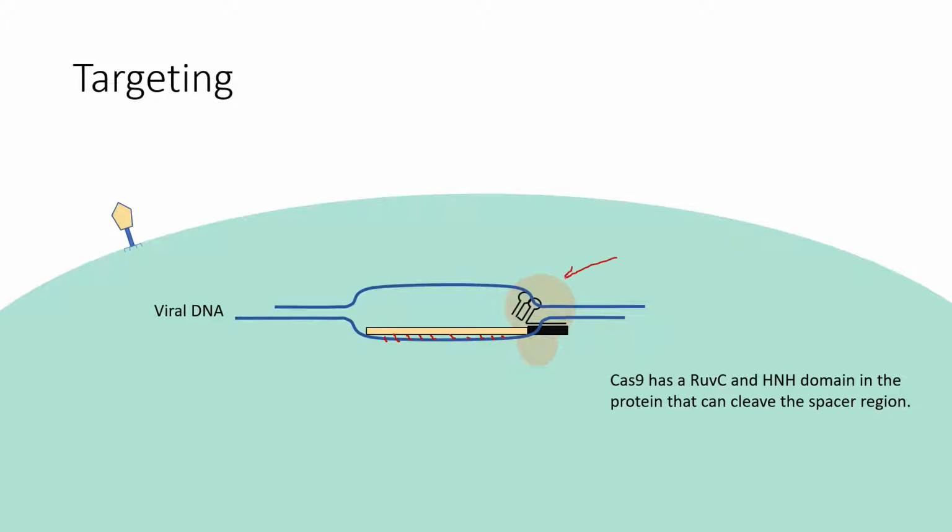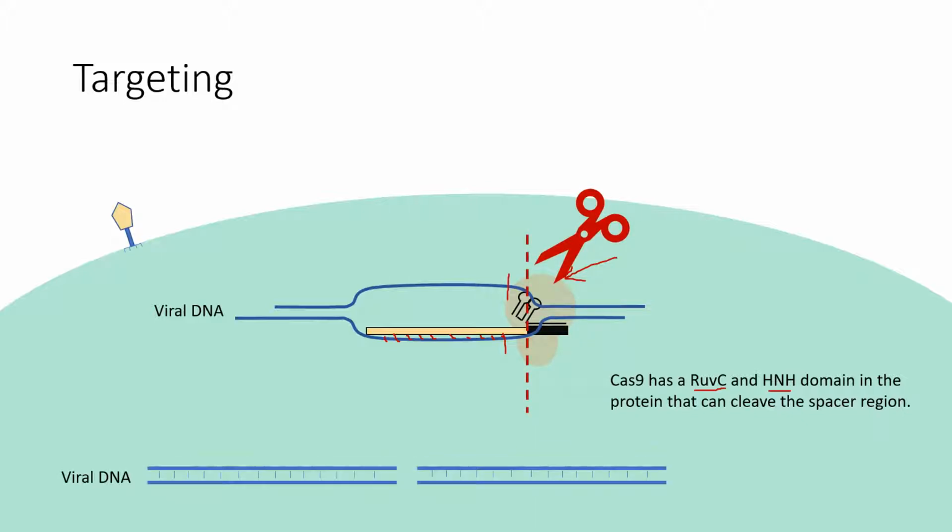And this Cas9 protein has 2 domains, a RuvC and an HNH domain. They have DNase activity. The RuvC will cut the top strand, and the HNH will cut the bottom strand. What we're left with is blunt ends. So this whole viral sequence is now cut, and it can't do anything, so it dies.